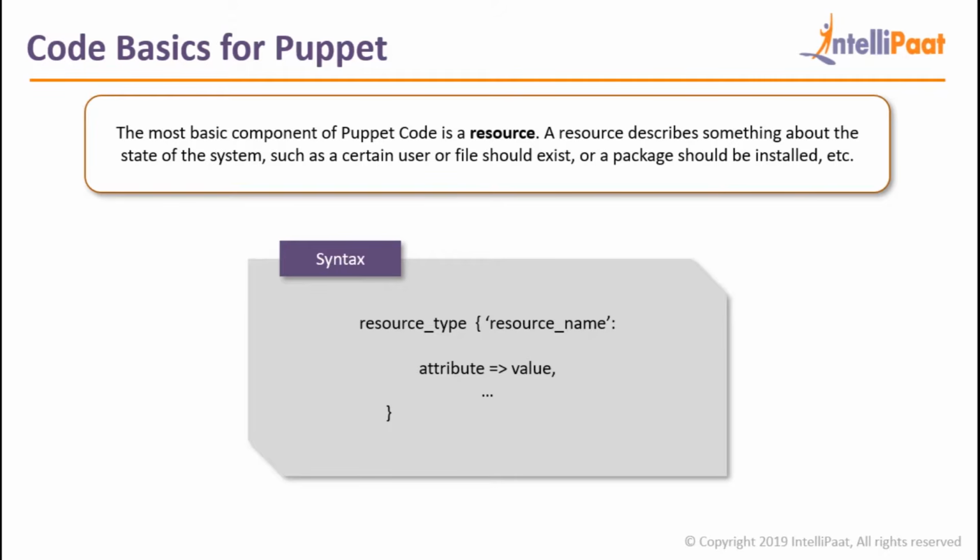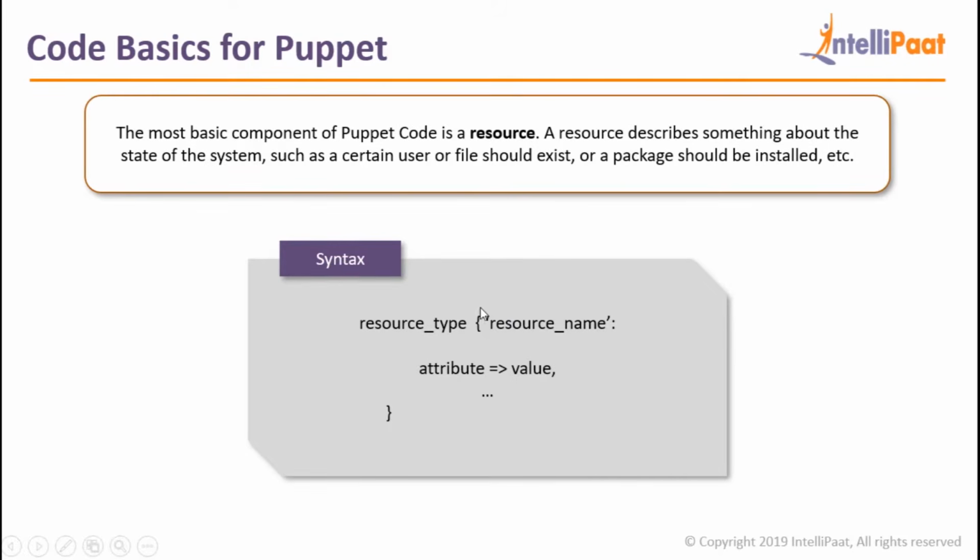And the way to define a resource is like this. First you define the resource type. Like I said, it could be a package, it could be a file, it could be anything, right? And then you define the resource name. For example, if it's a file, you'll specify the path over here.